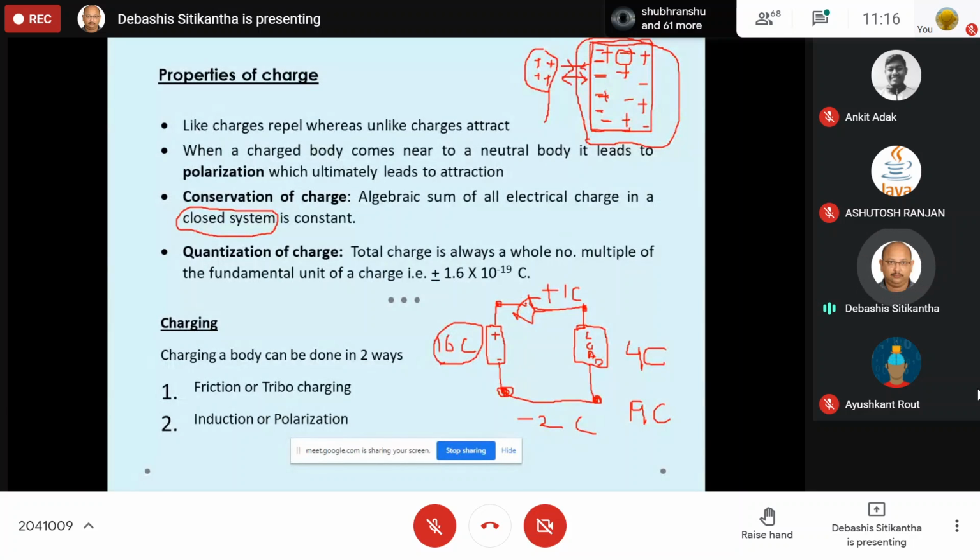The battery will again contain 16 coulombs of charge, this wire minus 2 coulombs, this wire plus 1 coulomb, and the load 4 coulombs. When it is closed, you cannot predict because there is a transfer and movement of charge throughout the closed system.